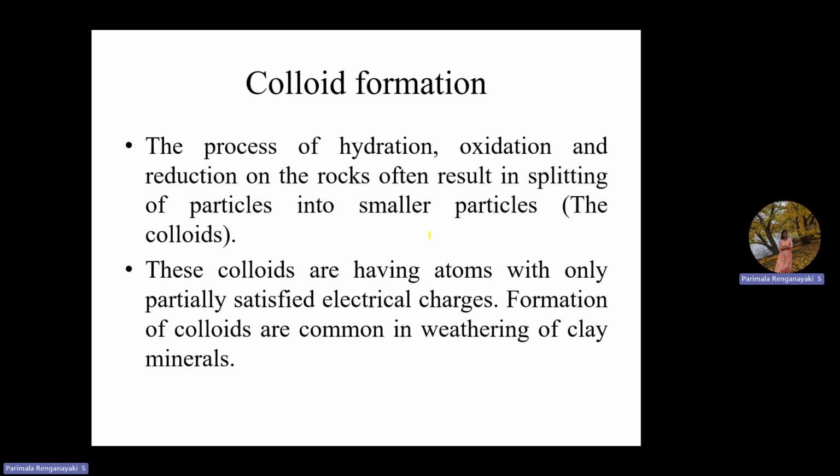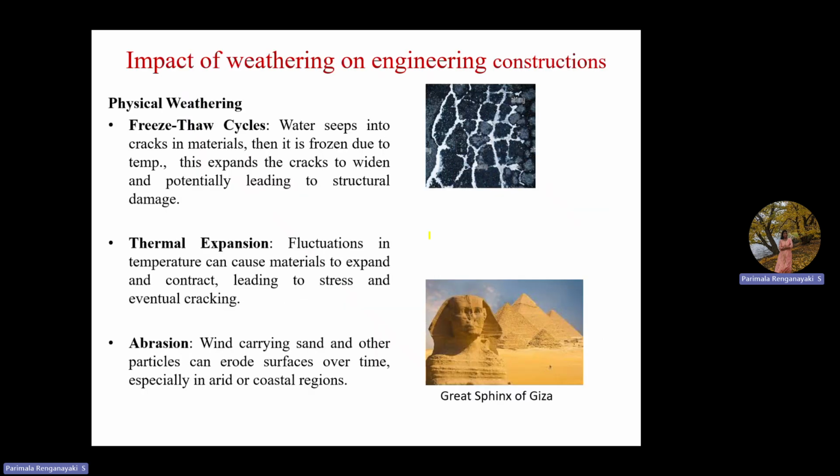Because of that, the particles are converted into smaller particles that we call colloids. These colloids have atoms with only partially satisfied electrical charges. Formation of colloids is common in weathering of clay minerals.